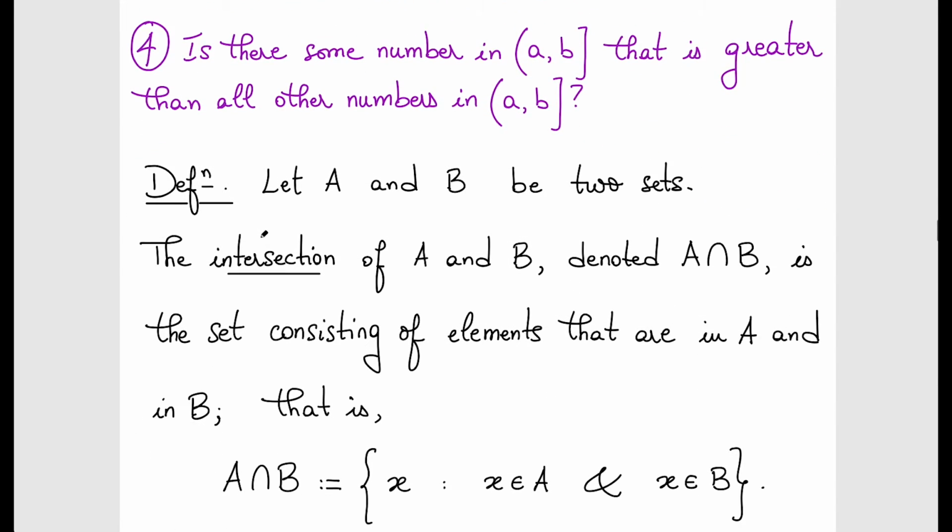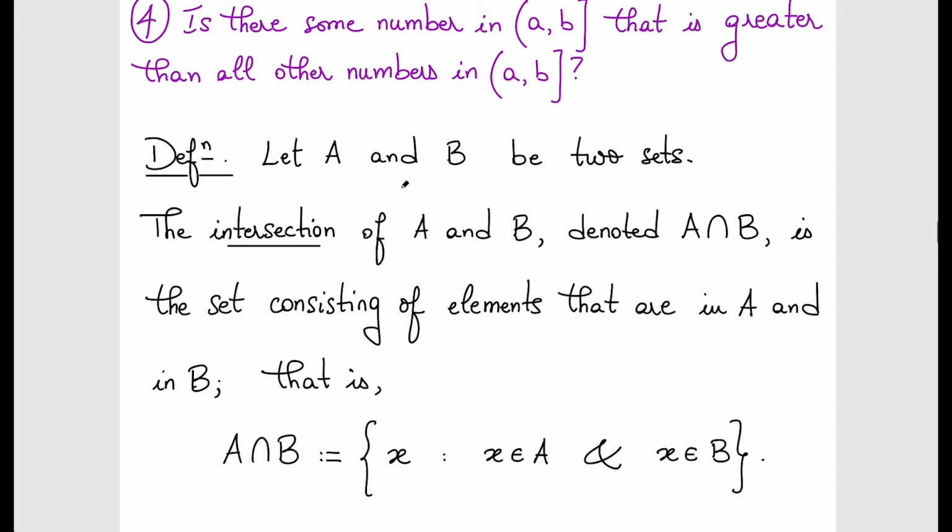Next definition. Given two sets A and B, so capital A and capital B are both sets, we're gonna define a new set out of these two sets, and we're gonna call that new one intersection of A and B. So the intersection of the sets A and B, denoted by this symbol, so this is not the letter N, this is an operation between the two sets.